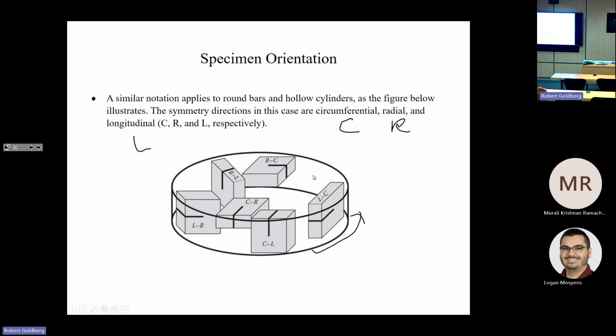And then you have the longitudinal, which in this case is basically up and down. So it's along the axis of the bar. So it's the same type of idea. You have these various combinations of longitudinal, circumferential, and radial, and these various types of specimen orientations can pretty much cover the range of all the types of combinations of material orientation and load direction to fully characterize the response of the material.